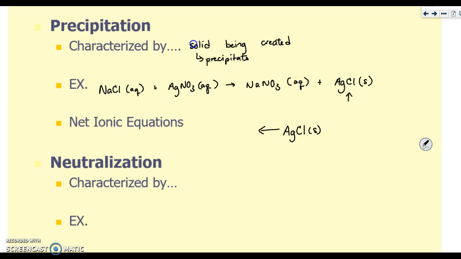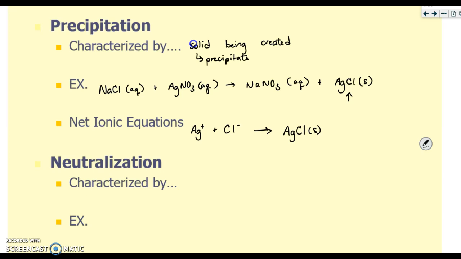And then working backwards, but not actually showing the arrow backwards, you would get what its reactants were. So silver chloride is silver plus Cl minus. The other ions, the sodium and the nitrate that are not in the net ionic equation, are called spectators.